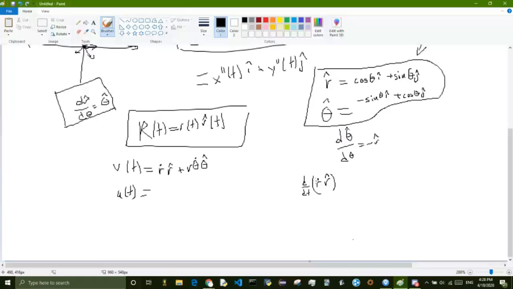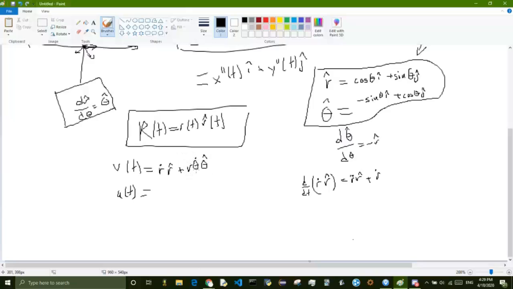Well, the derivative of r dot with respect to time, so the derivative of r with respect to time, and you take the derivative of that with respect to time, that's simply equal to r double dot, the radial acceleration, times r hat, plus r dot times, again, you're taking the derivative of r hat. The derivative of r hat we already calculated over here, right?